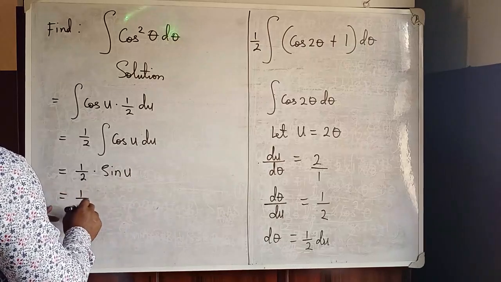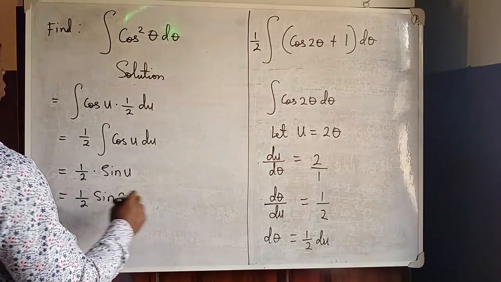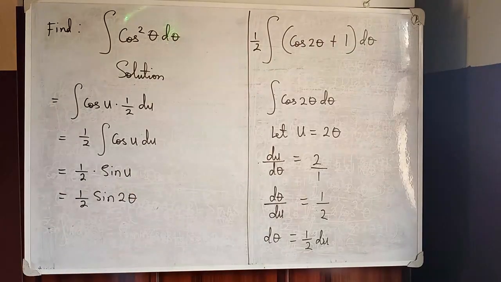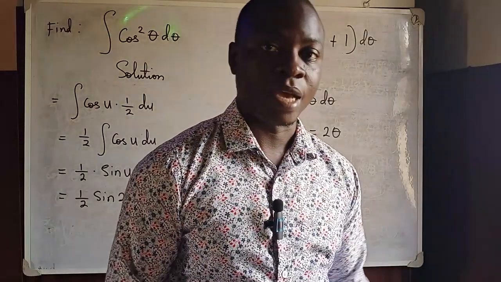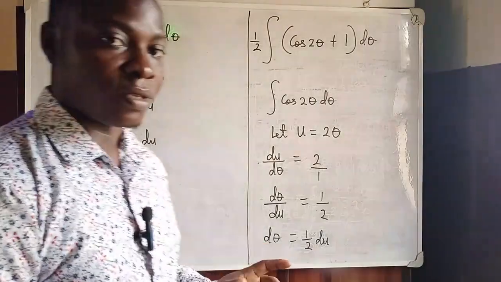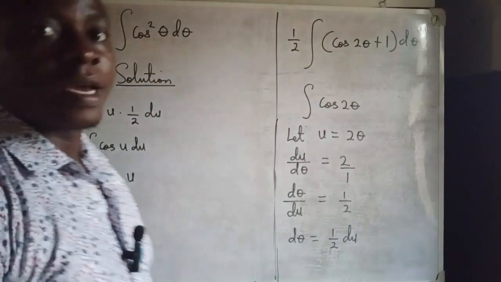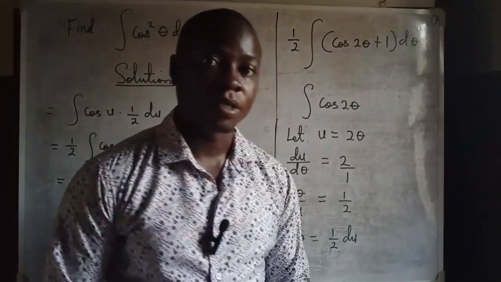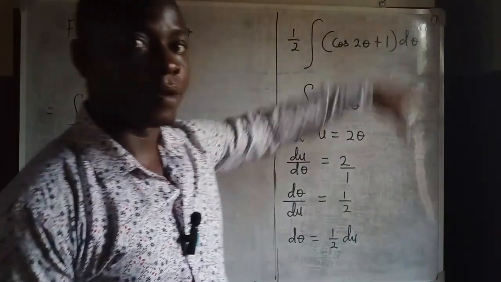It is 2 theta. That's very correct. I'm supposed to write plus c, that is my constant, but this is not the final answer. So I'm not going to write my constant here because this is not our final answer. We're going to add our constant when we've gotten the integral of the whole expression.